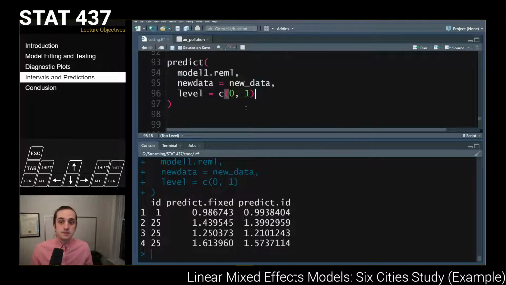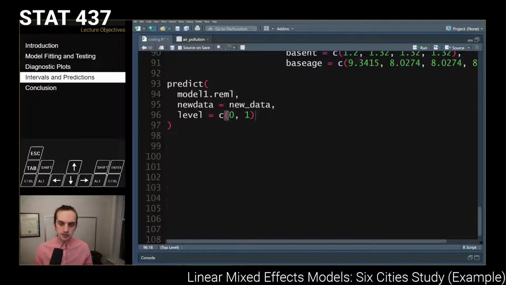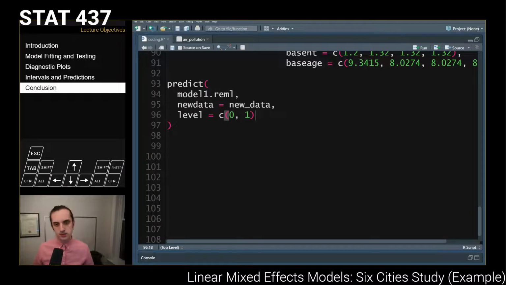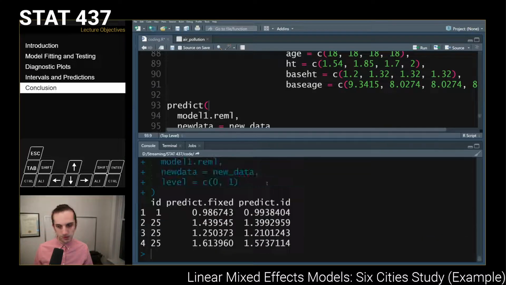So this predict function is evidently quite useful for making our predictions, but again, that's just taking what we talked about in the conceptual lecture and pushing it forward into the actual code that we're used to using. If we wanted to interpret these predictions a bit, we could see that for the first individual, this prediction of 0.99 is slightly higher than what we would predict at the population average level.